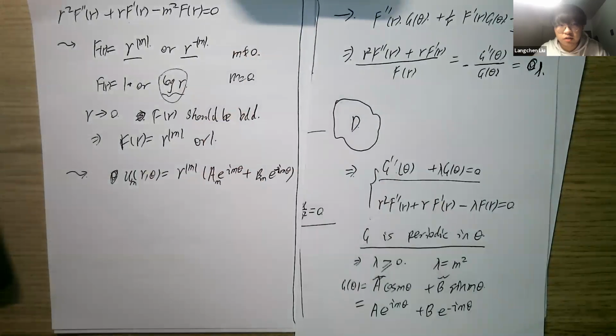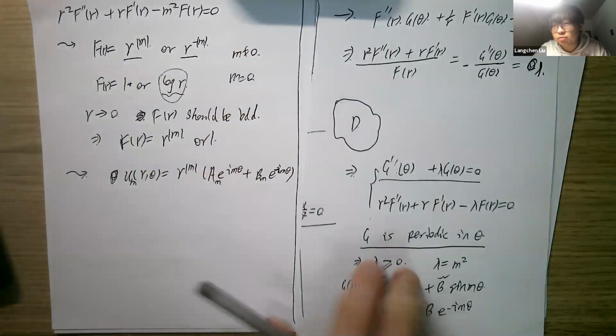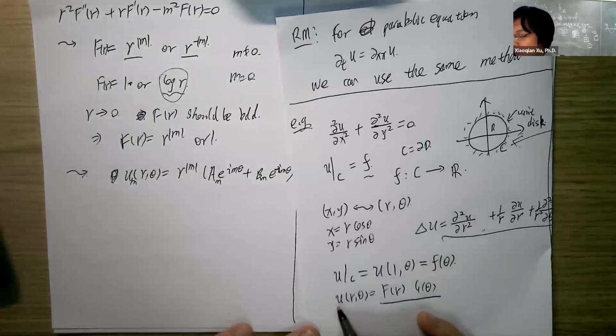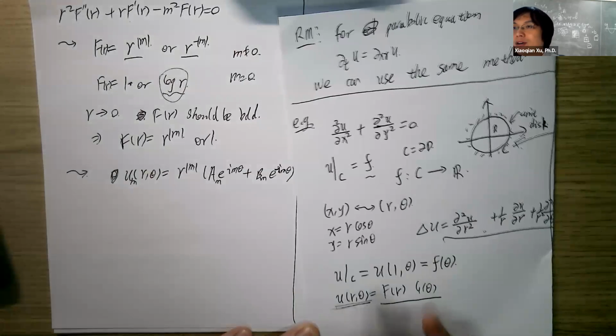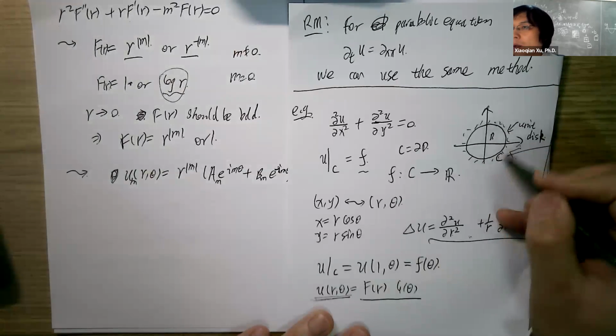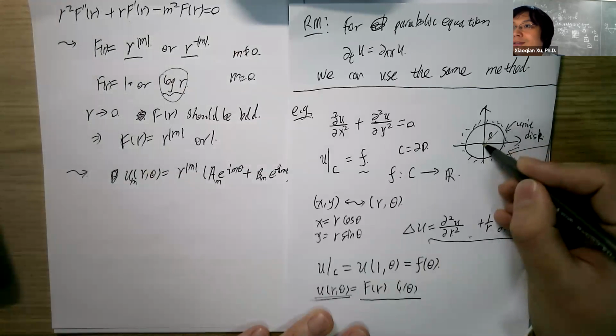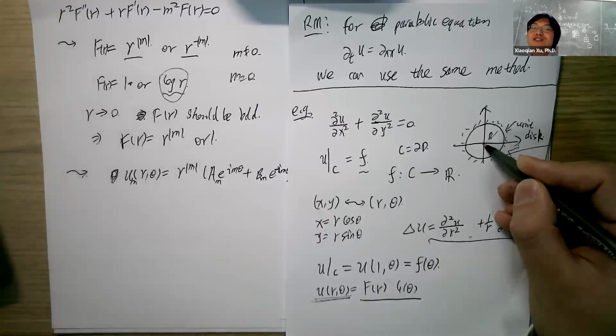Sorry, but can you tell me again why when r approaches 0, f r should be bounded? Because it is a solution. We want it to be a solution, which means it is well defined on the whole disk. If r tends to 0, then this function should tend to the value at 0. We're not studying a punched disk or a truncated disk.